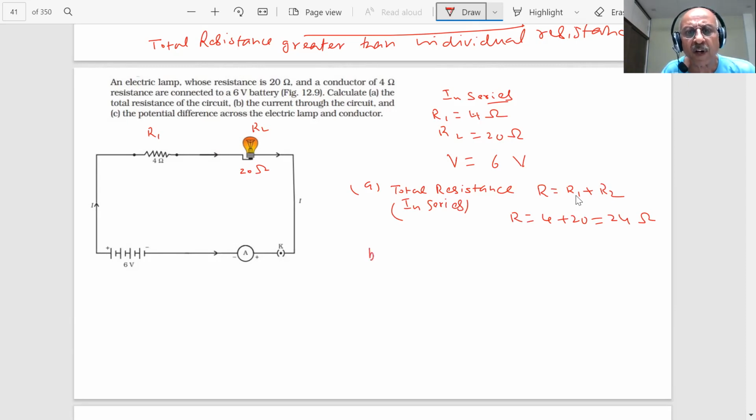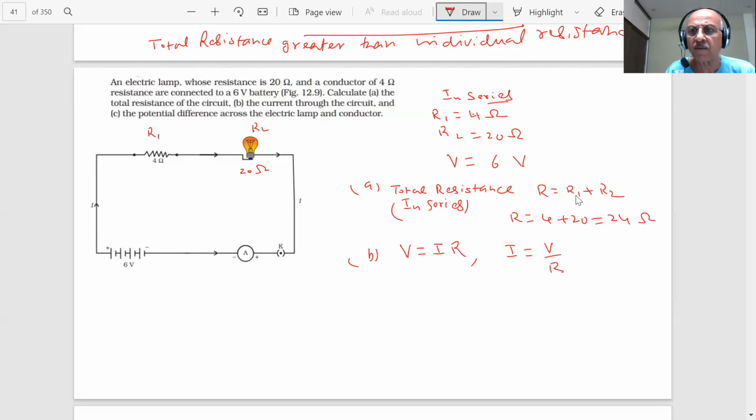What is the B part? The current through the circuit. How will you calculate the current through the circuit? What is the formula? V is equal to I into R. What will be the value of I?